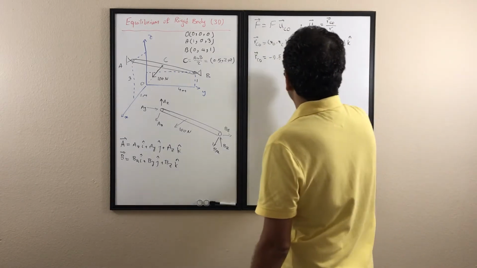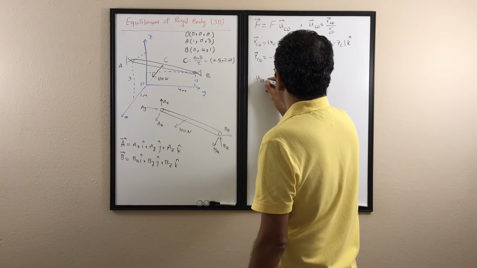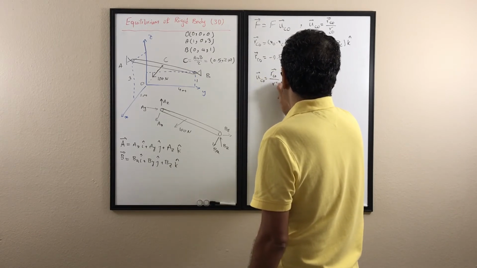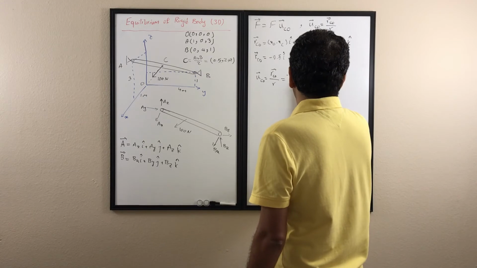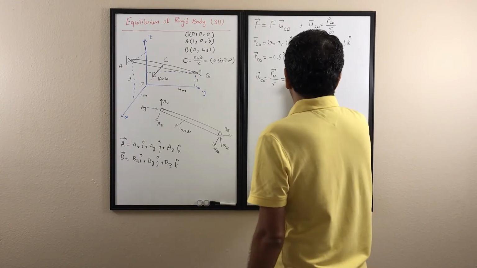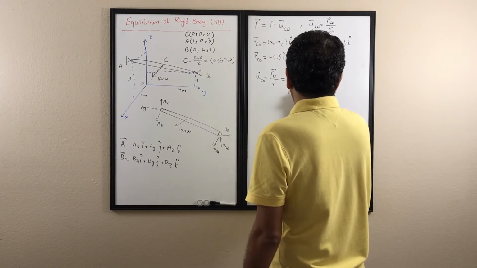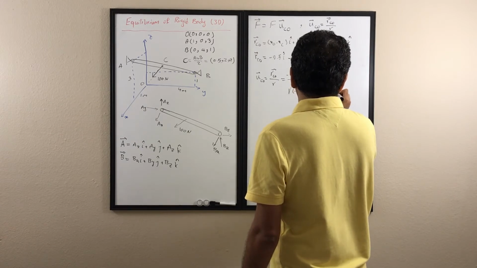So this is our value. The unit vector UCO is RCO divided by its magnitude, which is negative 0.5 I, negative 2 J, negative 2 K, divided by its magnitude, which is the square root of negative 0.5 squared plus negative 2 squared plus negative 2 squared.